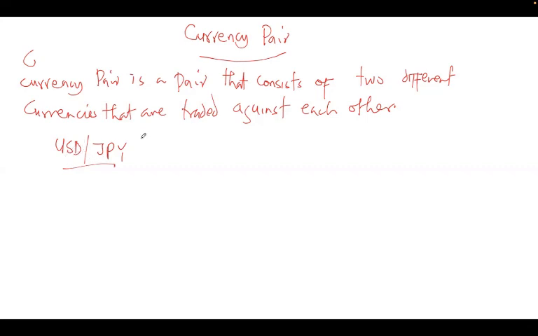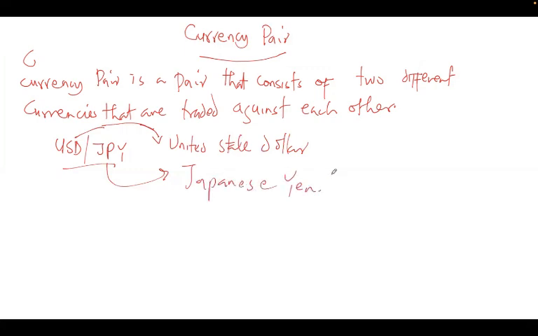Like in this case, this is USD, United States dollars. All right. Now this one is Japanese yen. Now we have an exception for CHF. CHF is Swiss francs. I don't really know how to pronounce that, but this is the only exception to the letters and the acronyms here.